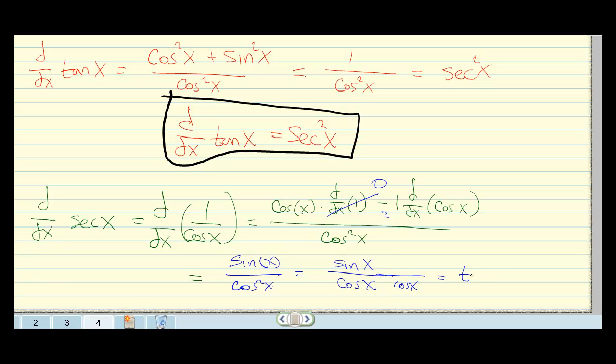Sine of x over cosine of x is tangent of x, and 1 over cosine of x is secant of x. So again, we have another derivative here. We can say that the derivative of the secant of x is tangent of x times secant of x.